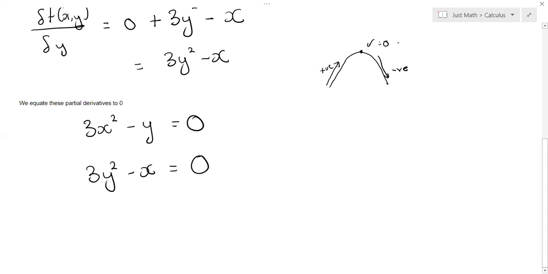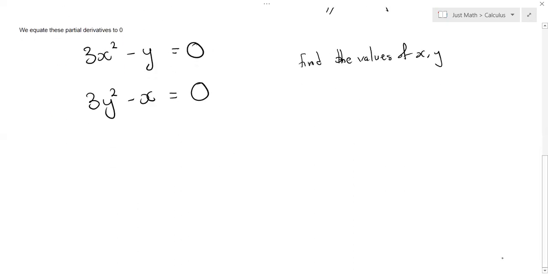Then from there we can find the values of x and y. Now, this is giving simultaneous equation vibes. All right, so let's start. Let this be equation 1 and equation 2.